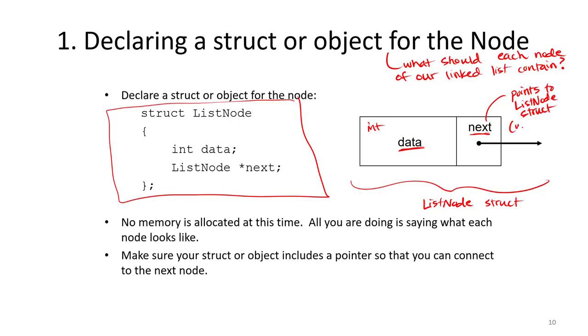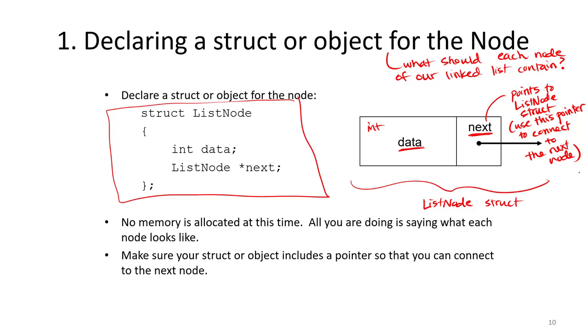And so we use this pointer to connect to the next node. It's much like connecting train cars or connecting different pieces together. This next pointer allows us to connect this current listNode struct to an additional struct.